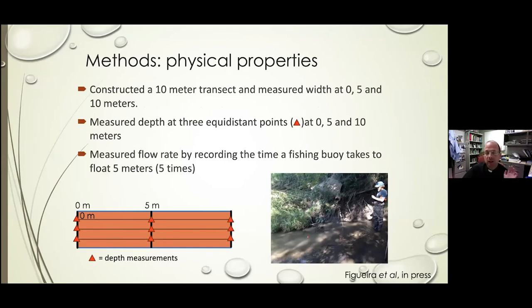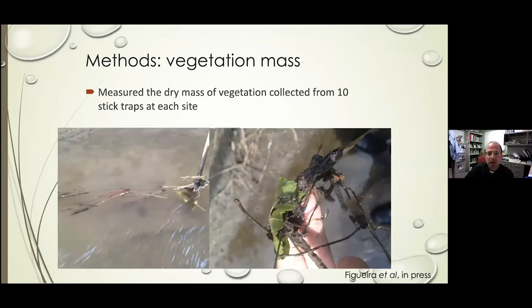Again, we constructed a 10-meter transect and measured the width at 0, 5, and 10 meters. We did the same thing with depth, and flow rate was measured by dropping in a little fishing buoy and measuring the time it took to float 5 meters, and we did that 5 times in the creek.